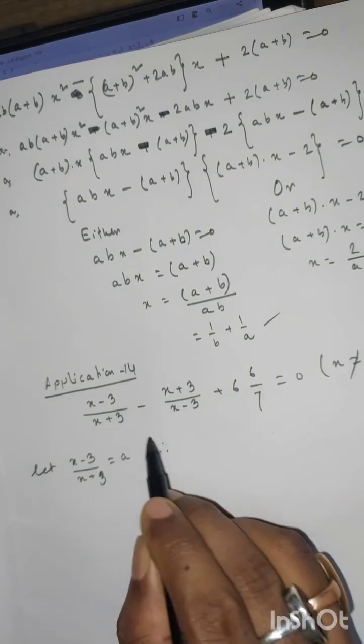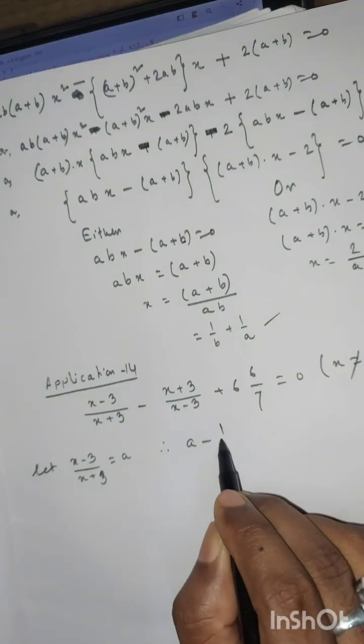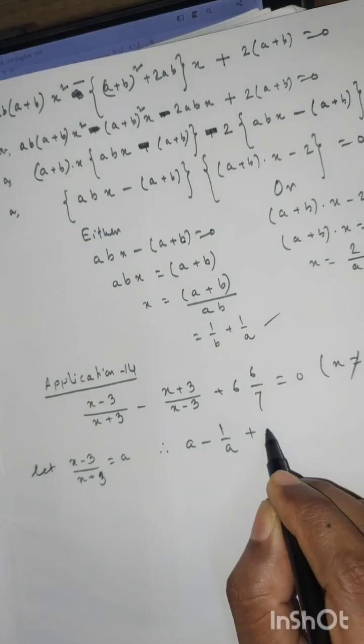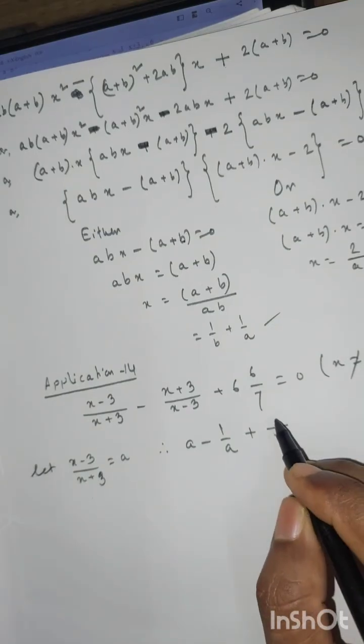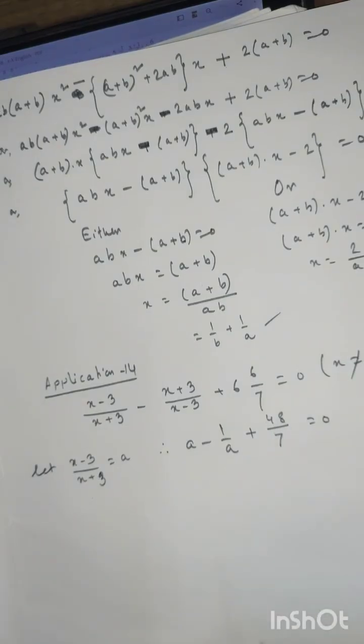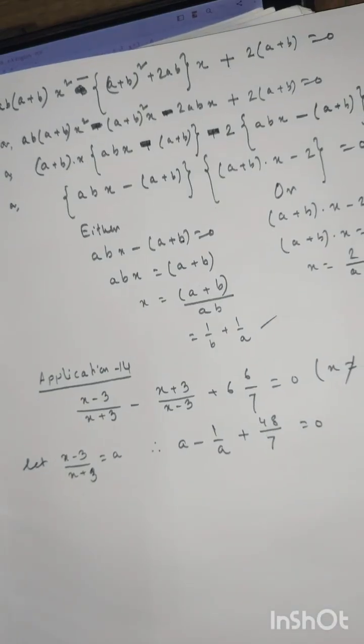Therefore, this equation becomes a minus 1 by a plus 48 by 7 equal to 0.